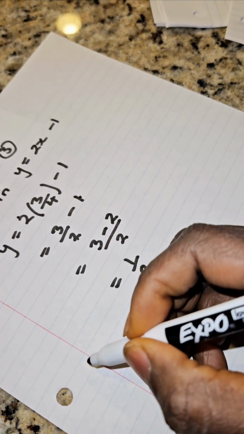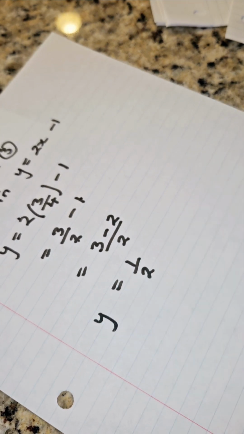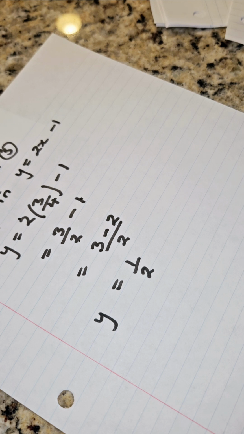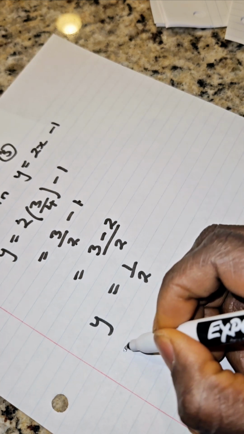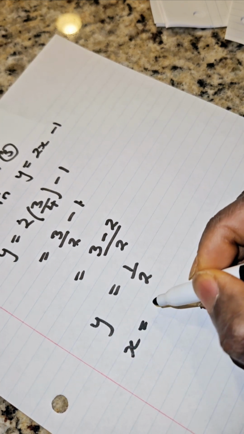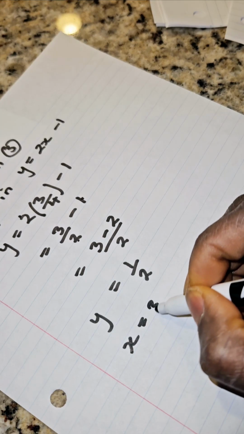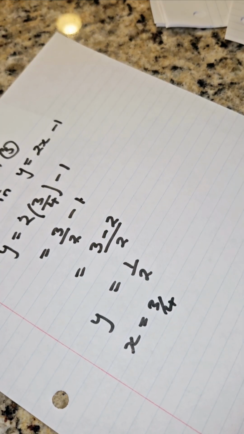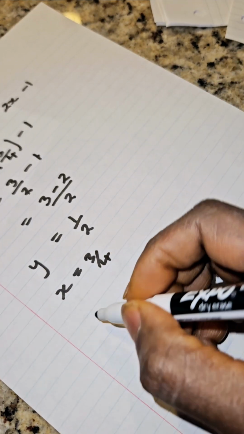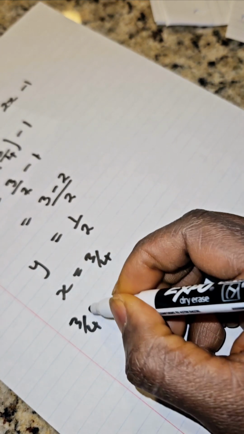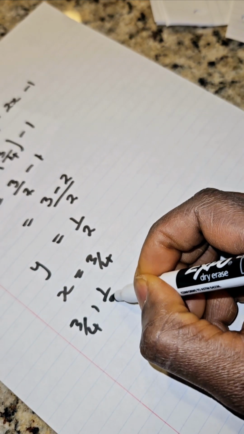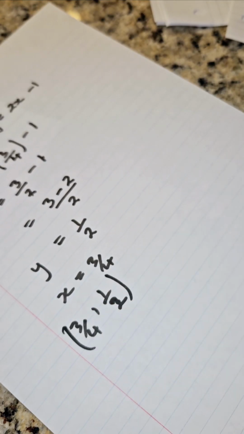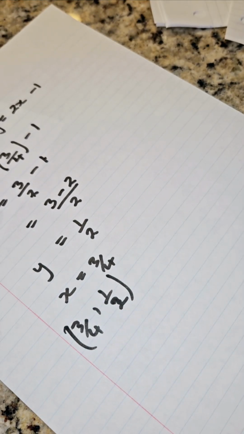So we've had y equals 1/2 and x equals 3/4. And that is how we solve the equation. So the point will be 3/4, 1/2. So we have solved that equation by substitution.